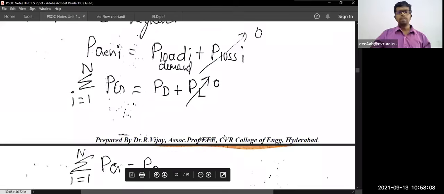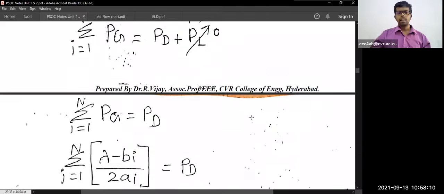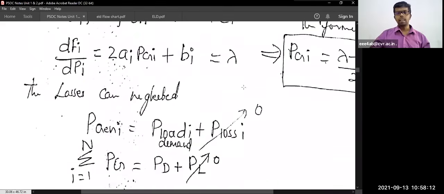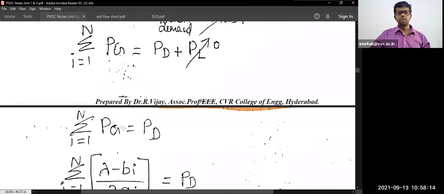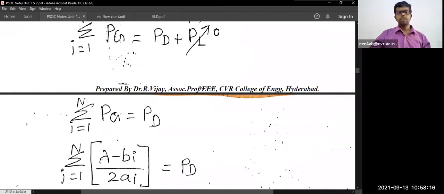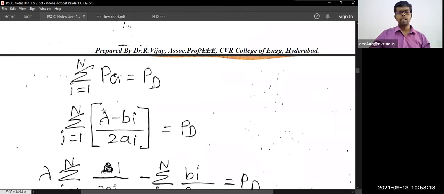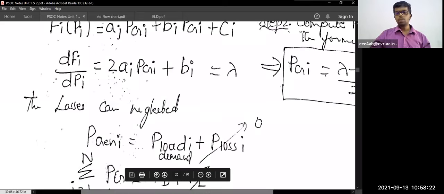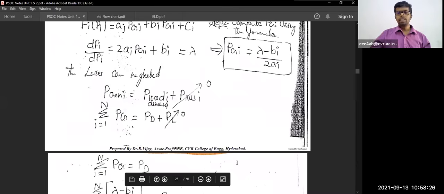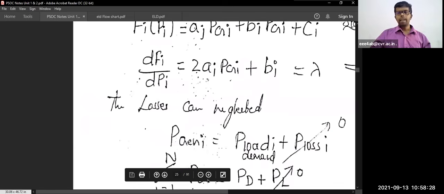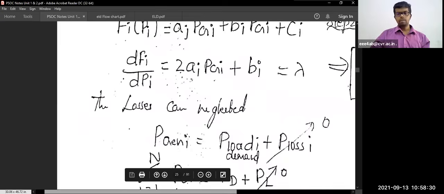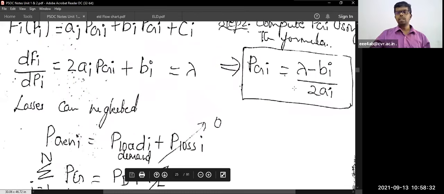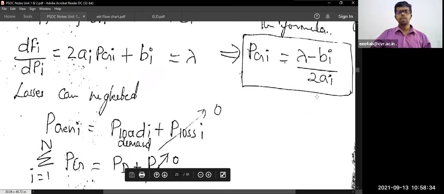So we already calculated PGI, and that PGI you need to substitute over here. PGI is equal to (lambda minus BI) divided by 2AI.